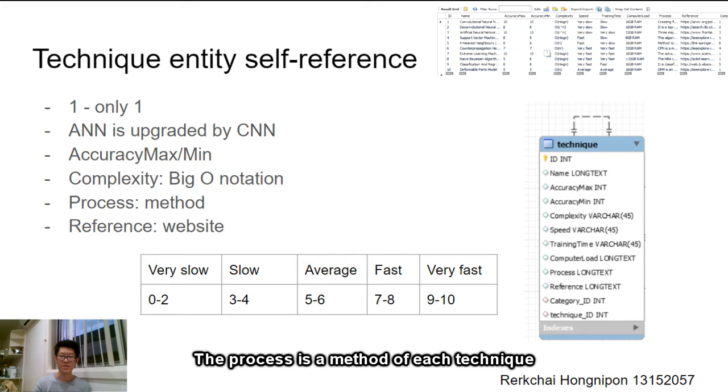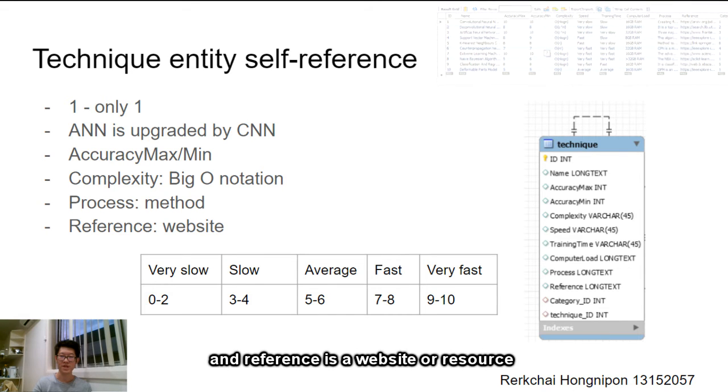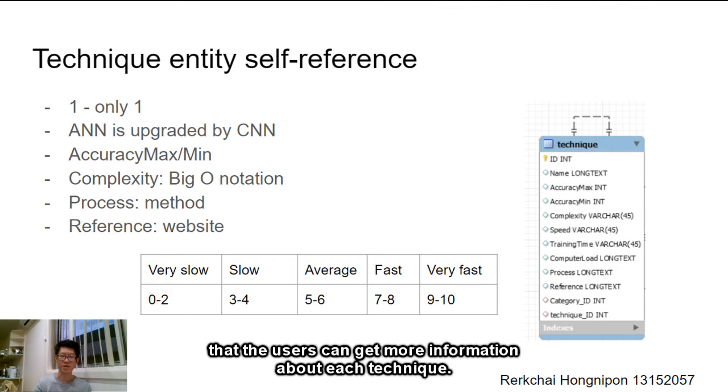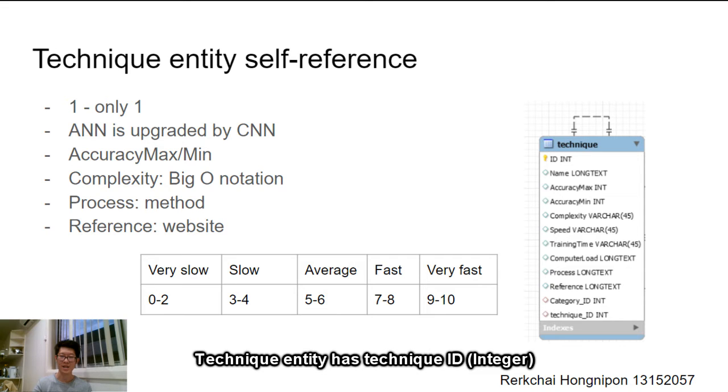The process is a method of each technique, and reference is a website or source that the users can get more information about each technique. Technique entity has technique ID integer as a foreign key because it refers to ID attributes in its entity.